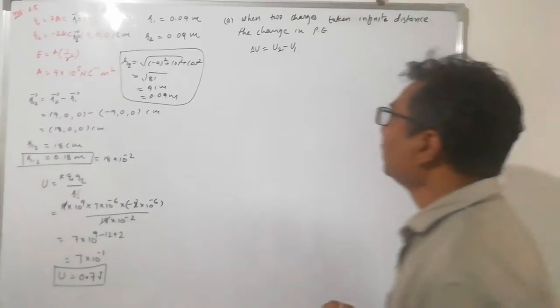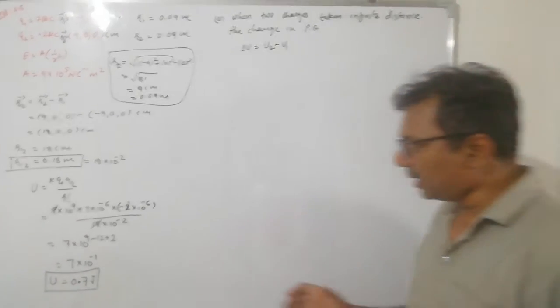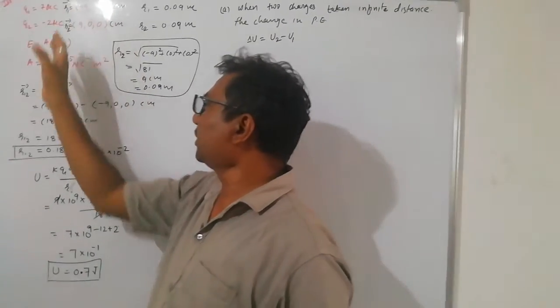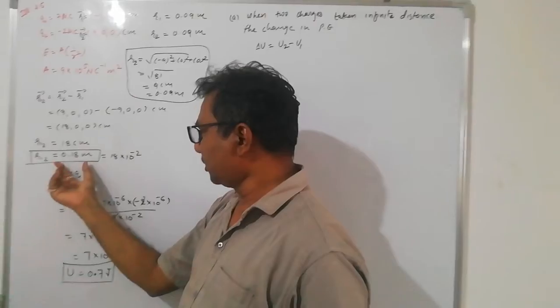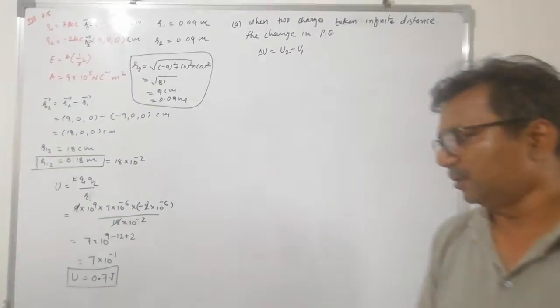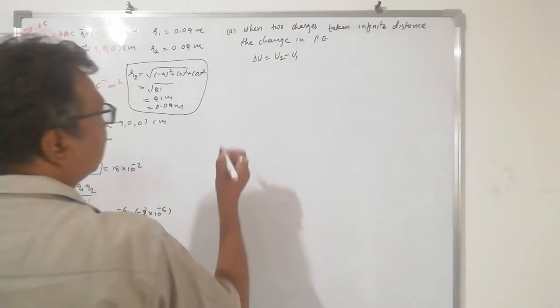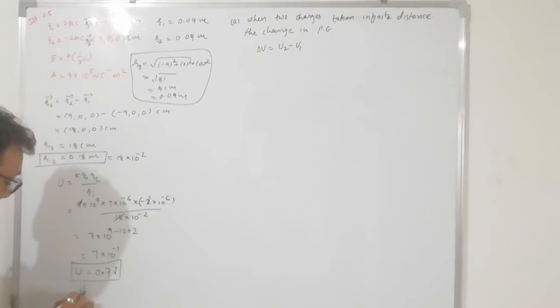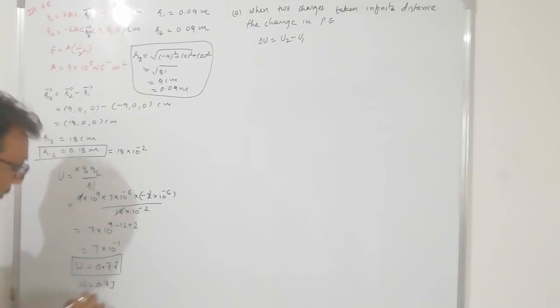So when they are at these position vectors and the distance between the two is 0.18 meter, this is your U1. Here you can see that U1 is equal to 0.7 joule.